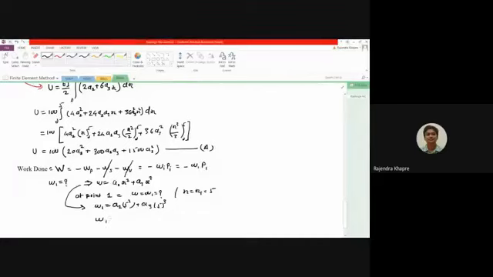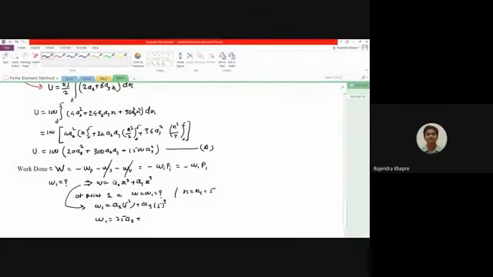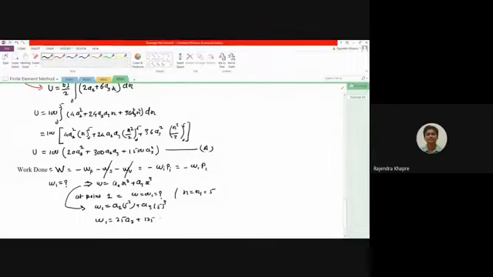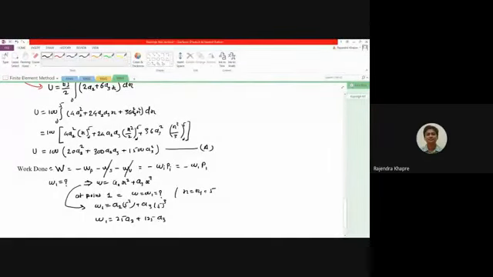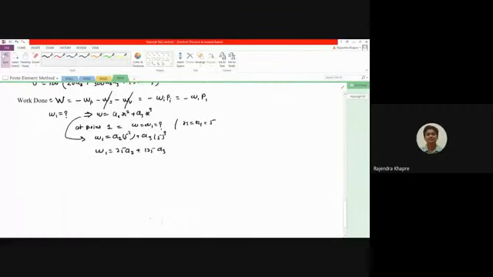So your W1 can now be easily written as 25 times A2 plus 25 into 5, that is 125 times A3. This is the expression for the value of displacement at point number 1.